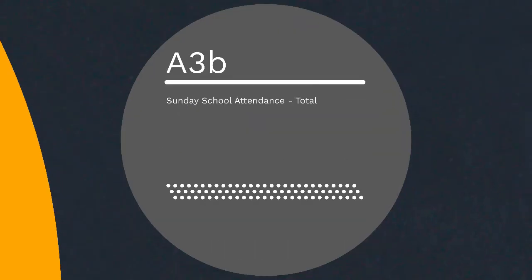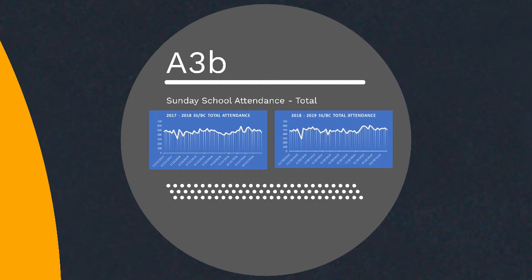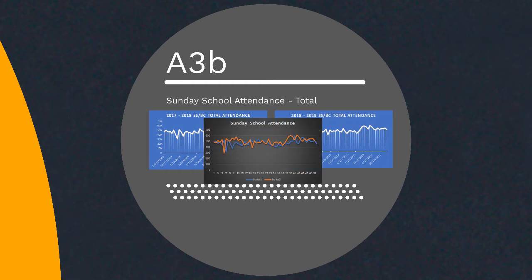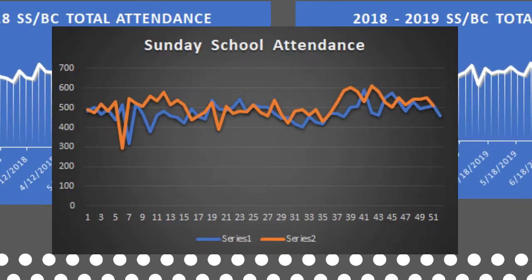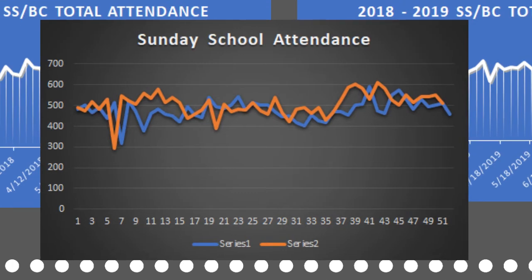Then I also want to look at Sunday school attendance totals, and again I took the two graphs, which are kind of similar, and combined them together, blue being last year, orange being this year. You can see we follow roughly a similar pattern each year, but we are running a little bit ahead of where we were last year, and I'm very encouraged by that.